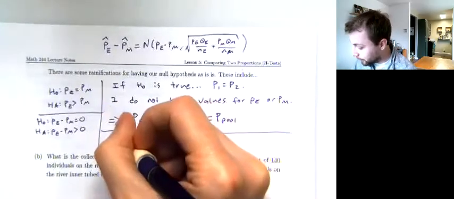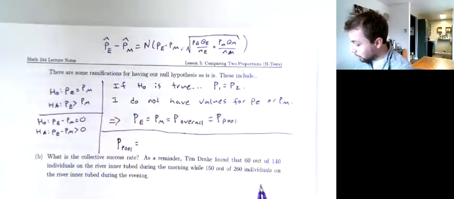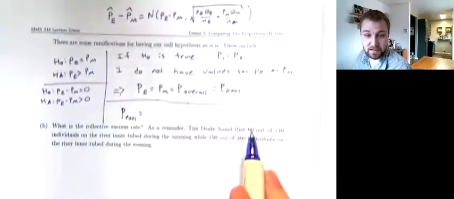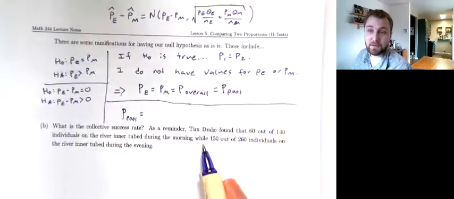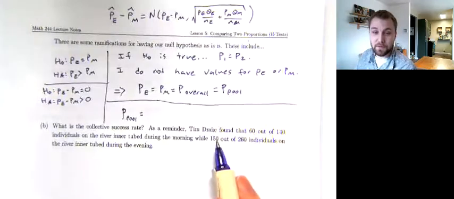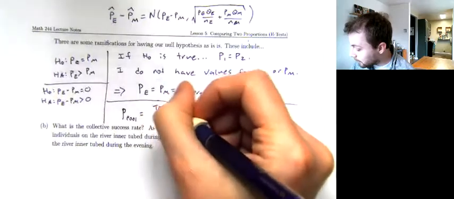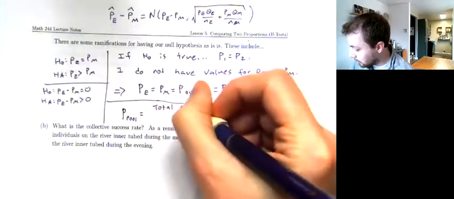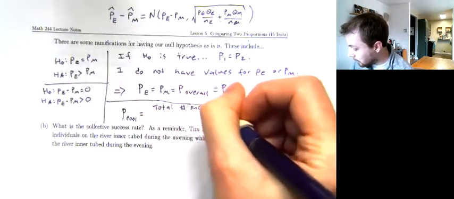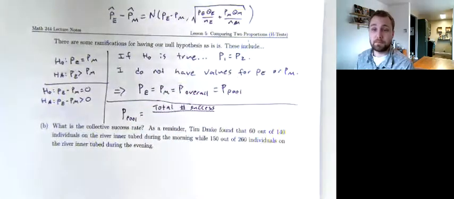Here's how a pooled success rate works. When you say there is 60 successes in the first group and 150 for the second group, I'm not really hearing 60 for the first and 150 for the second. I'm just hearing the total number of successes. In this case, I'm just hearing 210 successes.